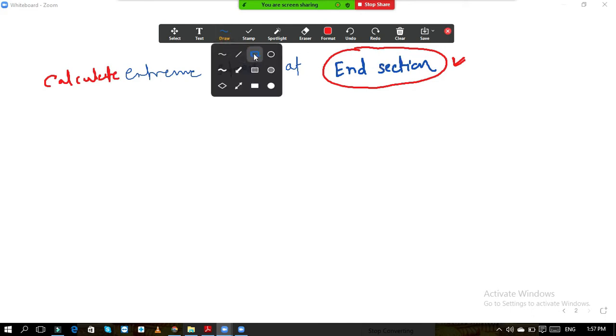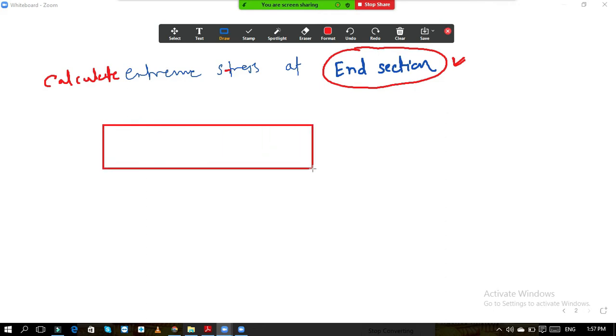Then what will be the change? So now again if I draw the diagram, here is the load 180 kilonewton. This we considered our live load, and here our UDL, that is dead load. But the change is that here the support is provided. When it says end section, first I will write the formula for mid-span.